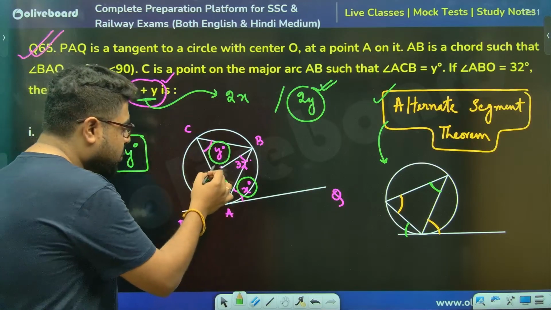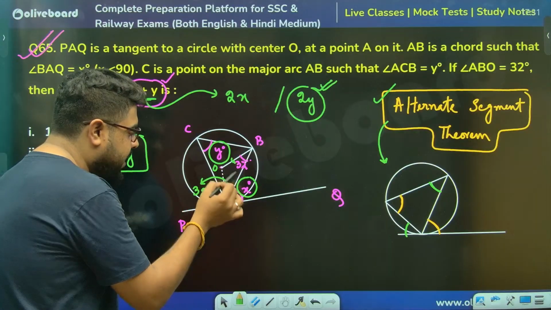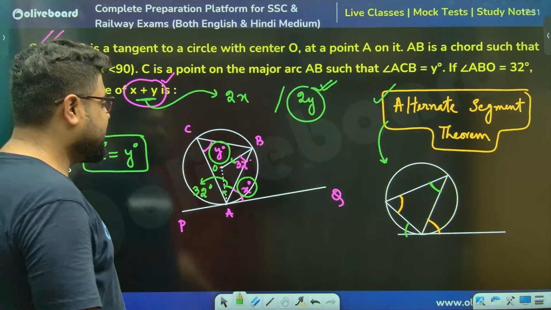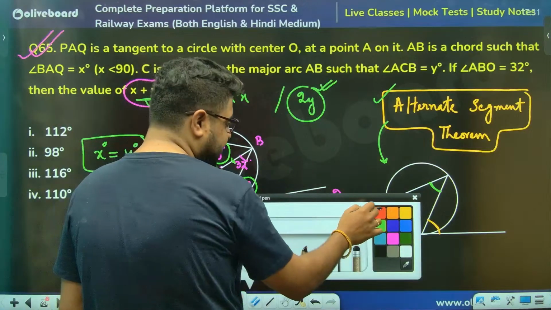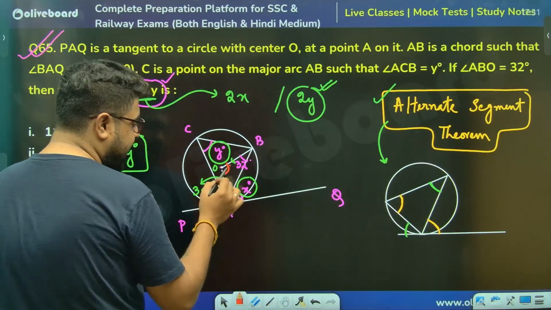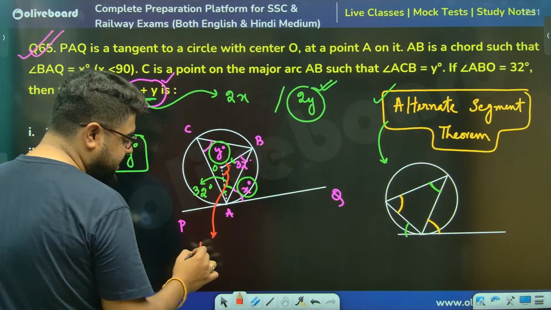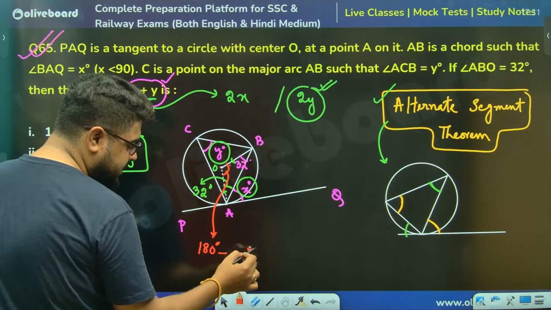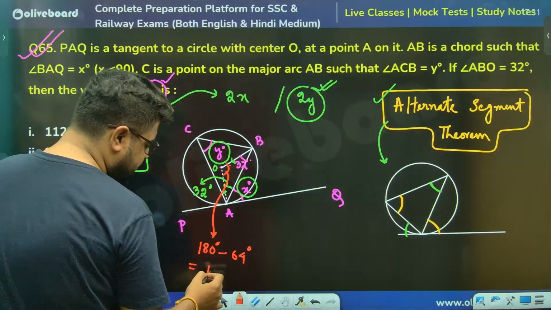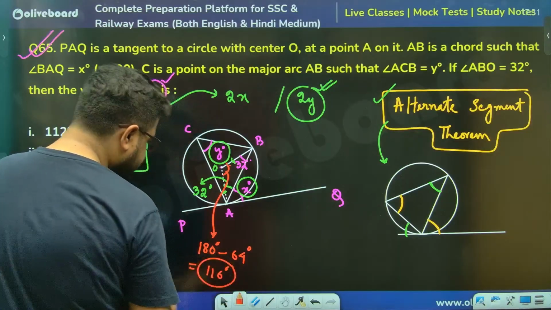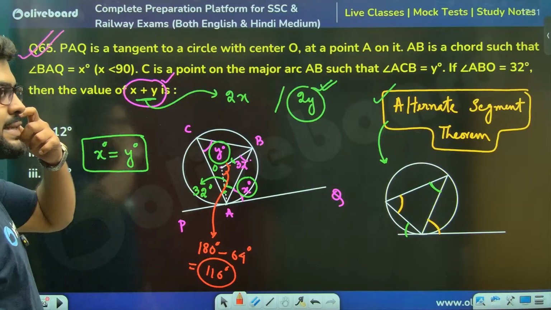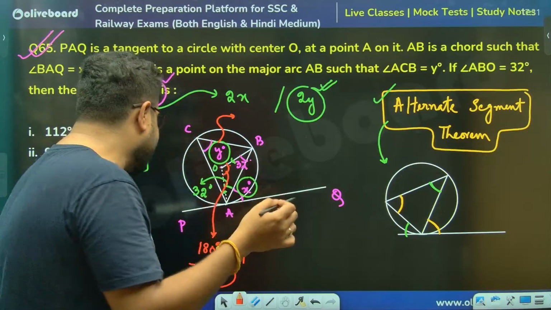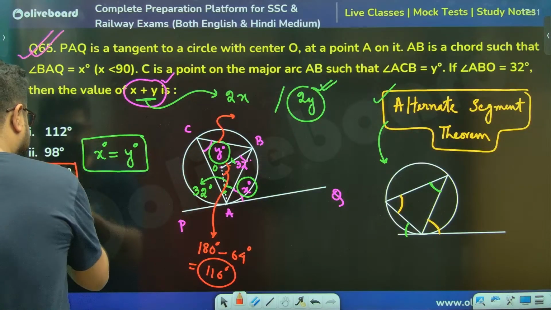Why? Because O is the center, OB and OA are both radii of the same circle. So automatically this angle AOB becomes 180 degrees minus 2 times 32, that is 64, so it is 116 degrees. Rather, I can directly see the answer.